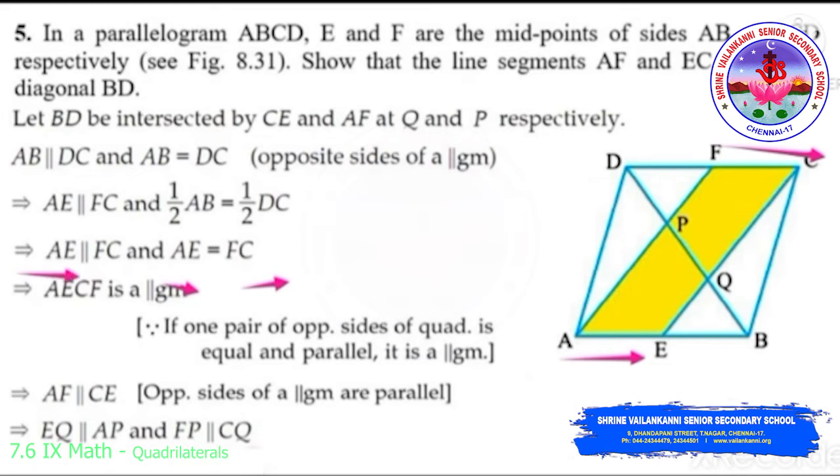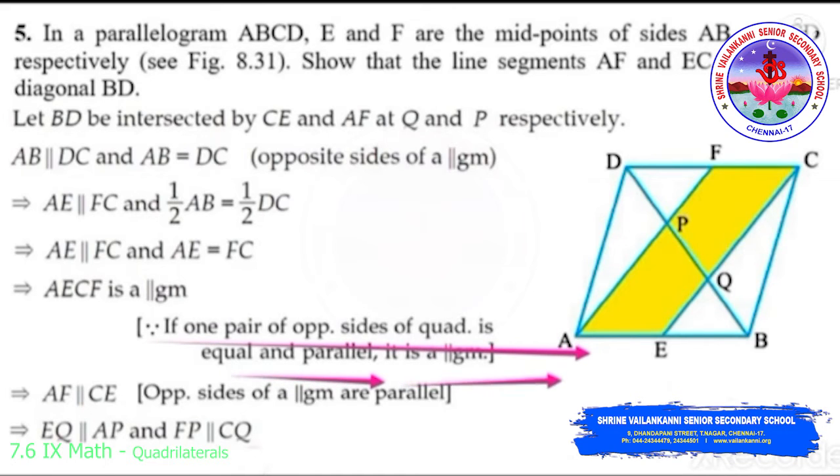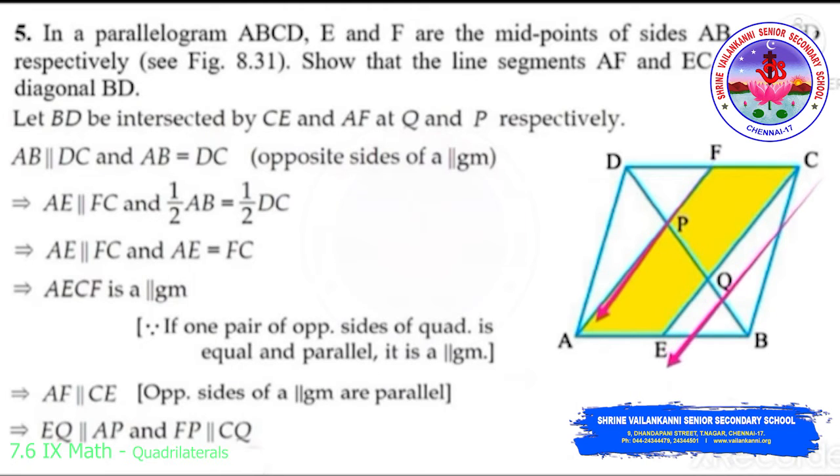So AE is parallel and equal to CF. If one pair of opposite sides of a quadrilateral are parallel and equal, then the quadrilateral is a parallelogram, which implies that the other sides are also parallel and equal. So AF is parallel to CE, opposite sides of the parallelogram. I can say that AP is parallel to EQ and FP is parallel to CQ.